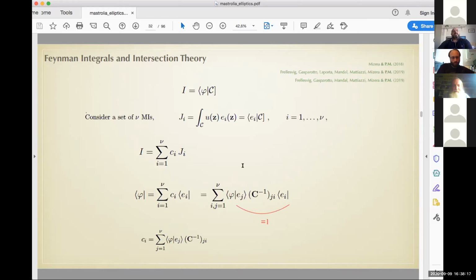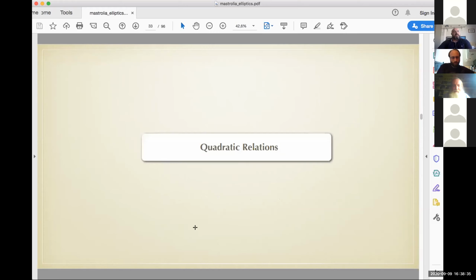And this is obtained simply by using one of the completeness relations introduced before. In this respect, the coefficients of the linear combination can be written in terms of a generic projection formula and can be directly evaluated.